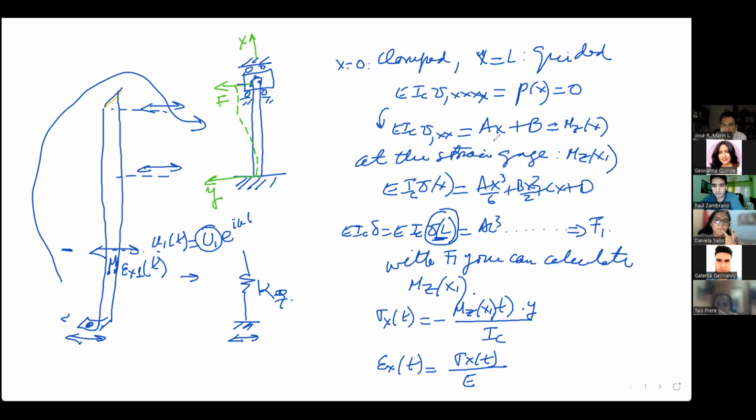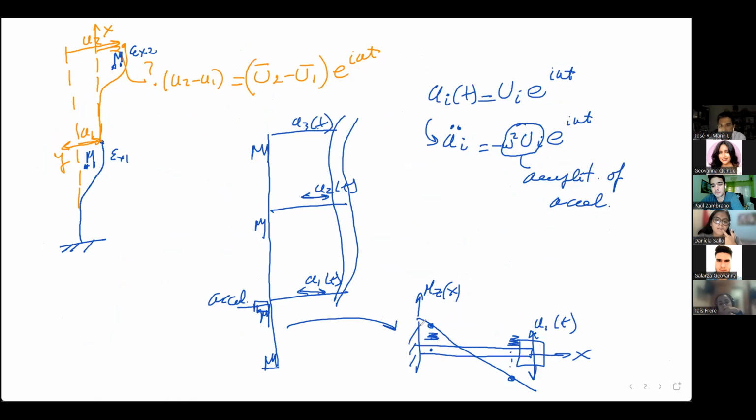And this is what I'm showing here. The bending moment is here, and this bending moment is connected to F1, and this F1 is connected to U1, which is something that you have.